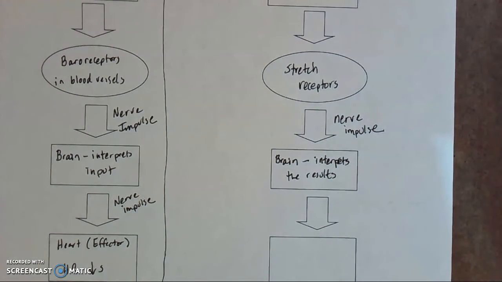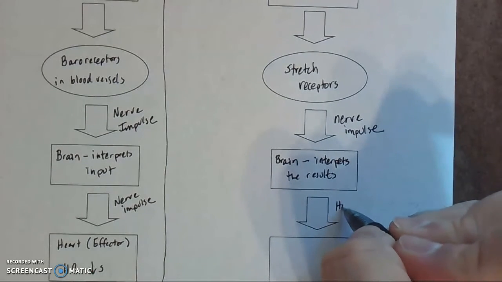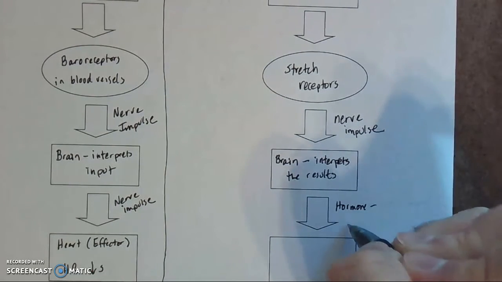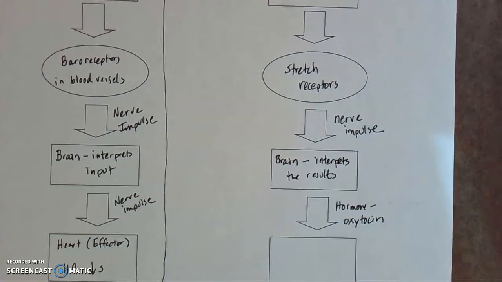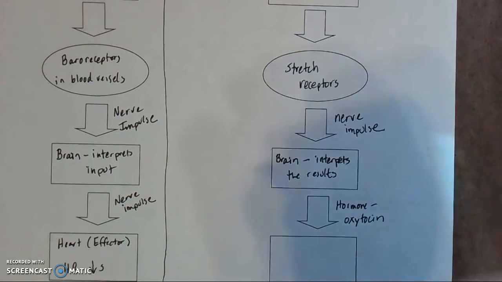And through a system of nerve impulses going down into the pituitary gland, we secrete a hormone called oxytocin. And this hormone is going to travel in the blood all through the body, but it affects the uterus.